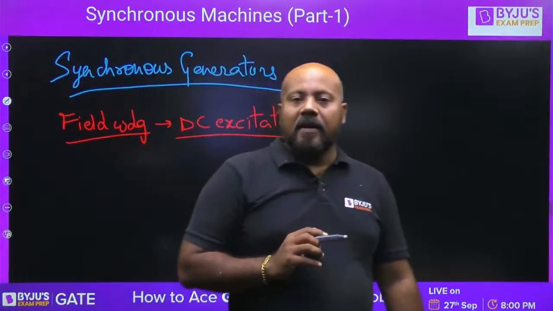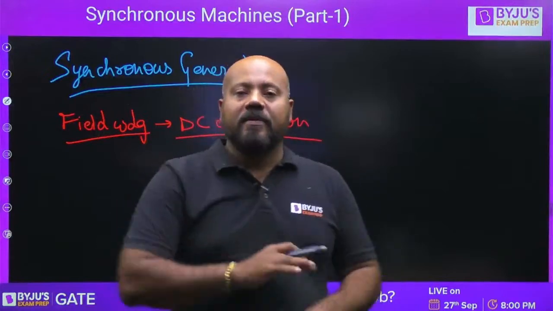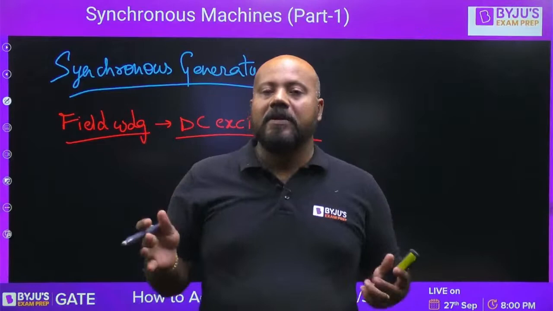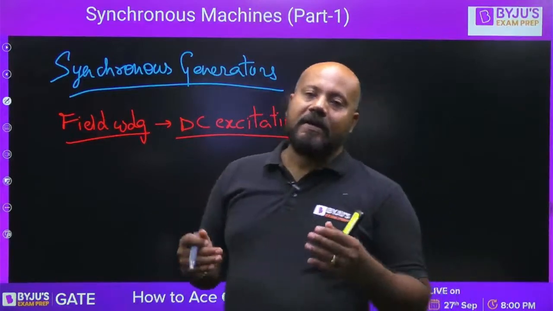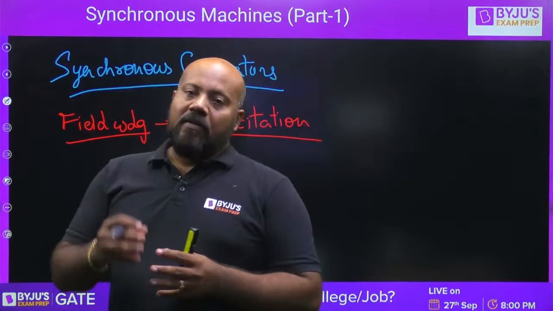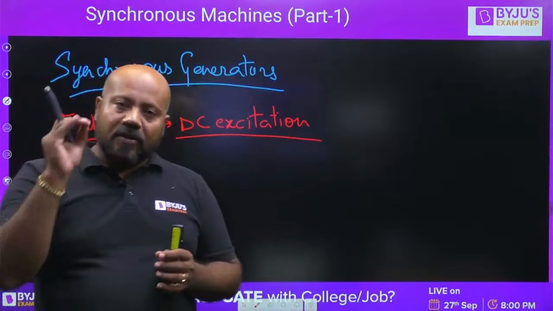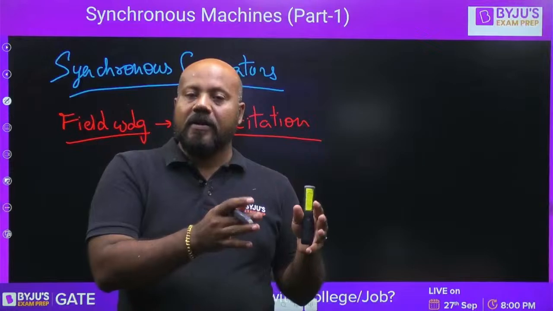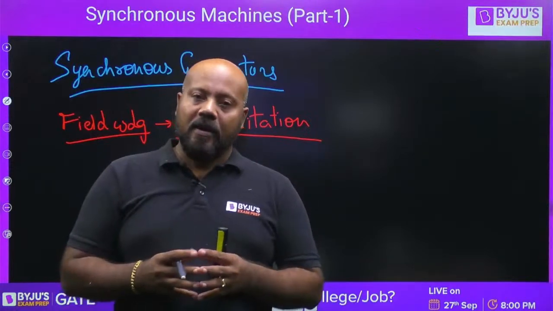Okay. And now let us come to the basic concepts of rotating machine. For any rotating machine, I have told you some simple principles to be followed if you want a stable rotating machine. One of that concept is that there should be no relative motion between the two fluxes or the two magnetic fields. Yes or no?